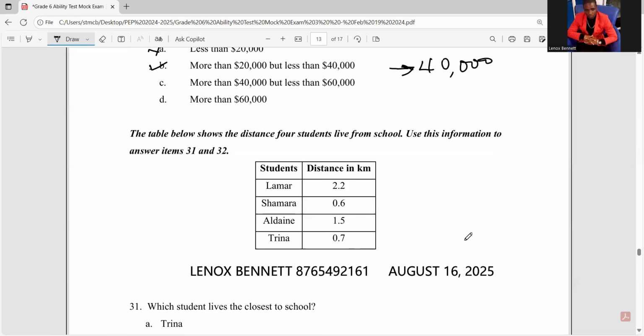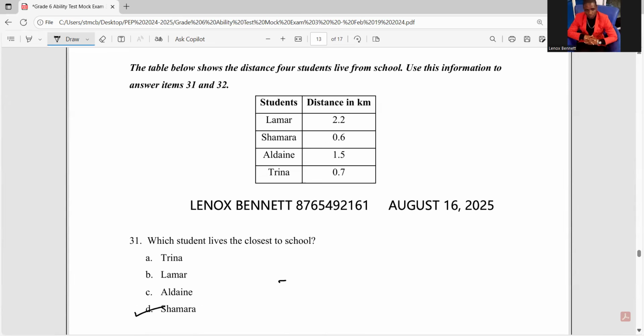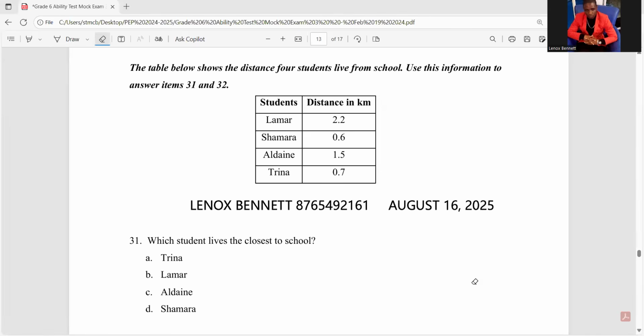All right. So let's go. Which student is the closest to school? Is it Trina, Lamar, Aldine, or Shamar? Number 32. Okay.